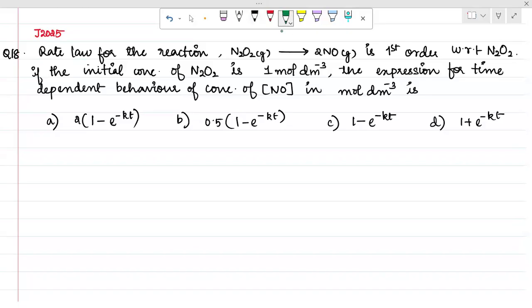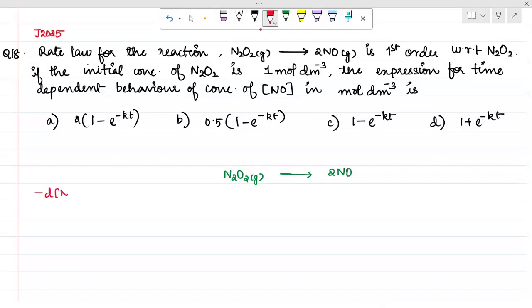Okay. So see what is given. It is given that N2O2 in gaseous state becomes 2NO. Correct. So by looking at the reaction, we can write the theoretical rate. What is the theoretical rate?